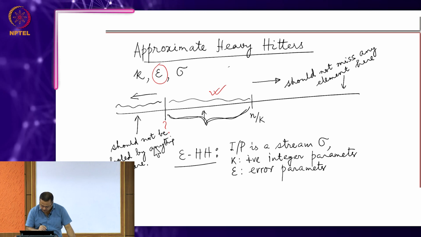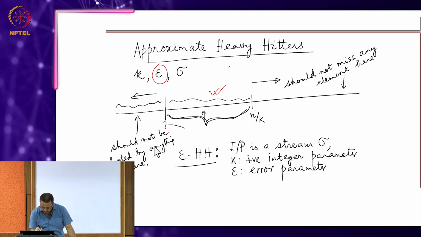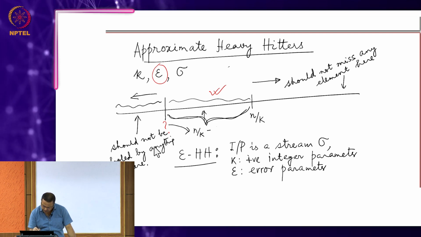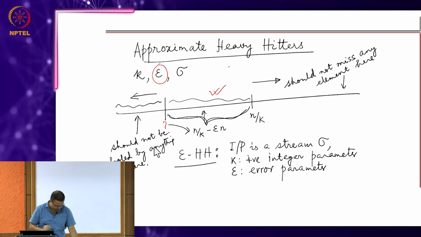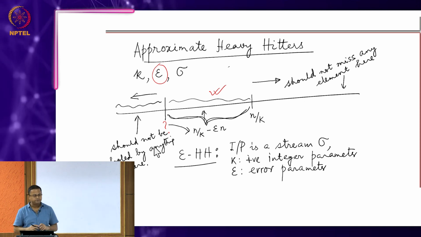Now, let me fix this. I have missed this region. So, this should be n/k minus epsilon times n. Okay.